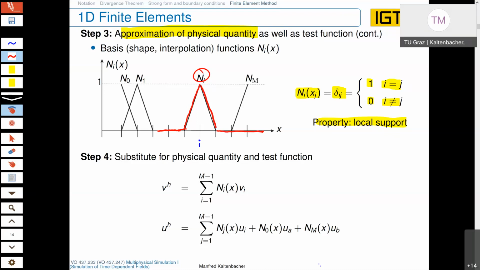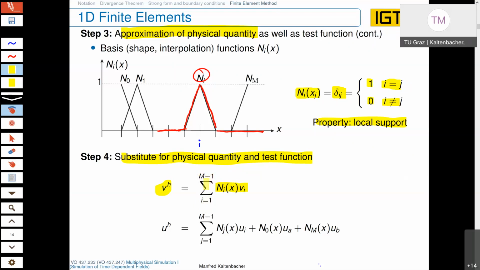Okay, so step 4 would be now the substitution for the physical quantity and test function. So you see, we also discretize the test function with the same basis functions. And as you can see here, we just need this for nodes from 1 to number of nodes, which is capital M minus 1.